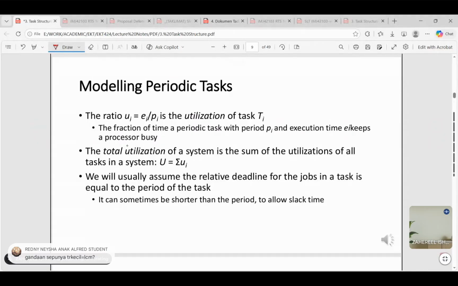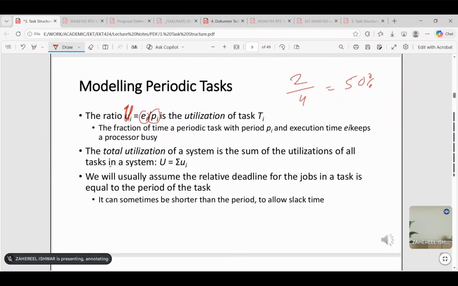Another important terminology is what we call utilization. What is utilization logically? Basically, how much a particular task uses the CPU. Utilization is E sub I over P sub I. Simple. Kalau execution time dia 2, period dia 4, it means it's using the CPU 50% of the time. The other 50%, the CPU is free.